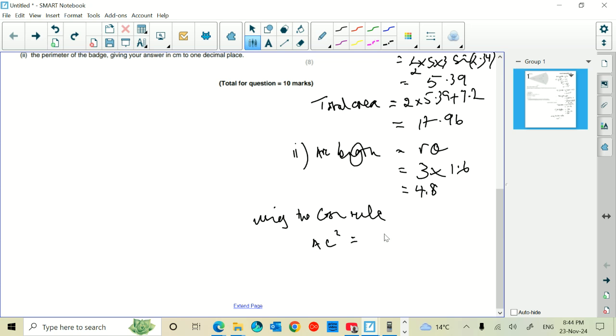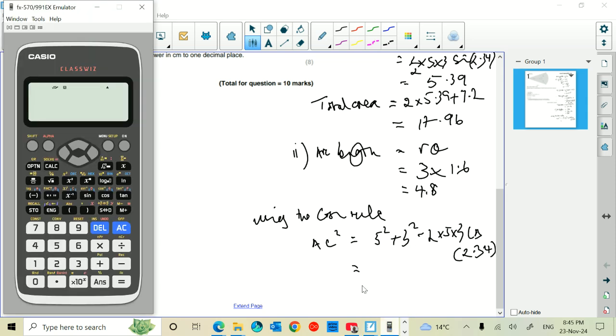So I'm going to do this one first and then double it. So it is equal to 5 squared plus 3 squared minus 2 times 5 times 3 times the cos of 2.34. We ran out of space there, and we can do that all on the calculator. Sorry for the mess there.